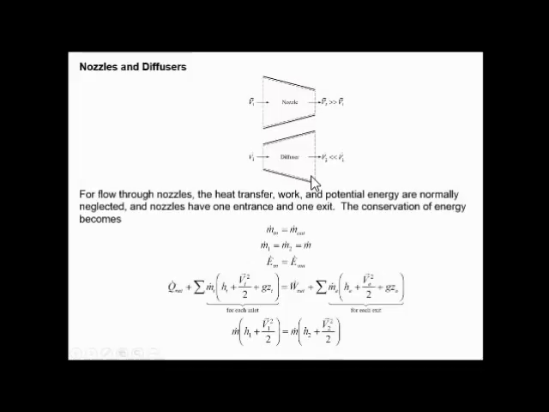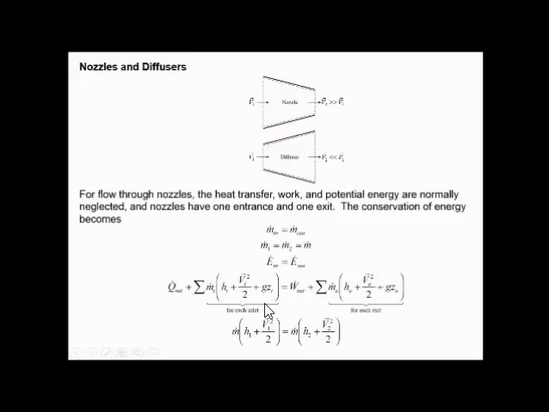For flow through these nozzles, the heat transfer, work and potential energy are normally neglected, and the nozzles have one entrance and one exit, so the conservation of energy becomes... Now we actually come to the application part of what we have read previously about the steady flow of energy and mass. So m input equals m output, m1 dot equals m2 dot equals m dot.